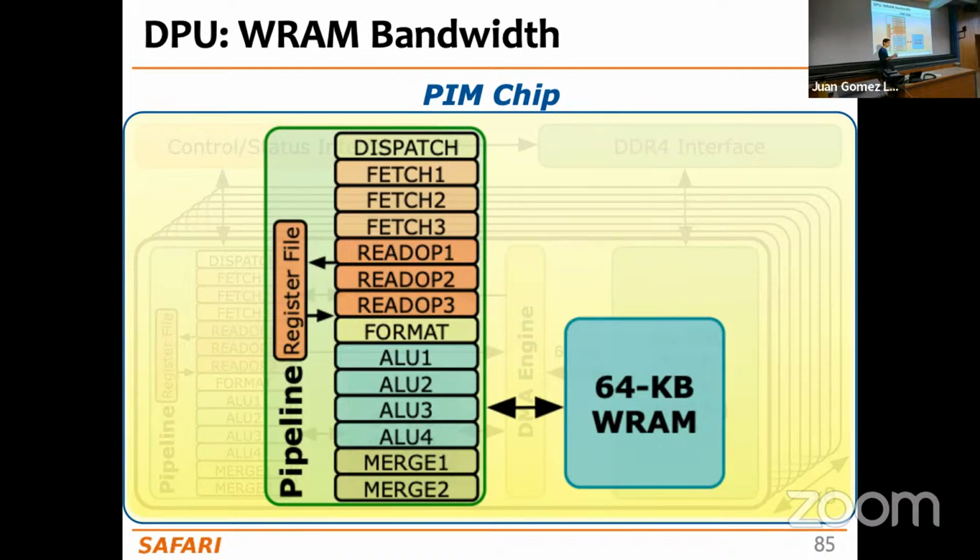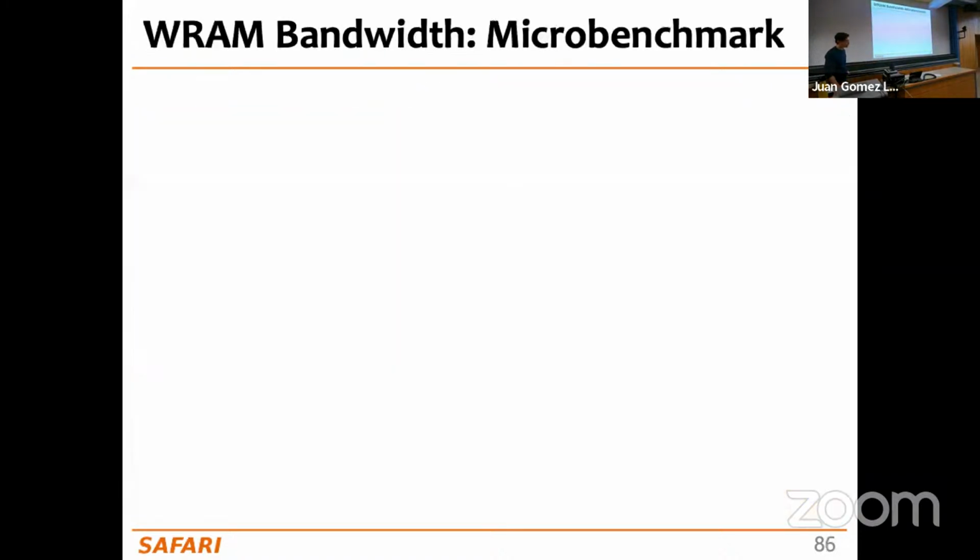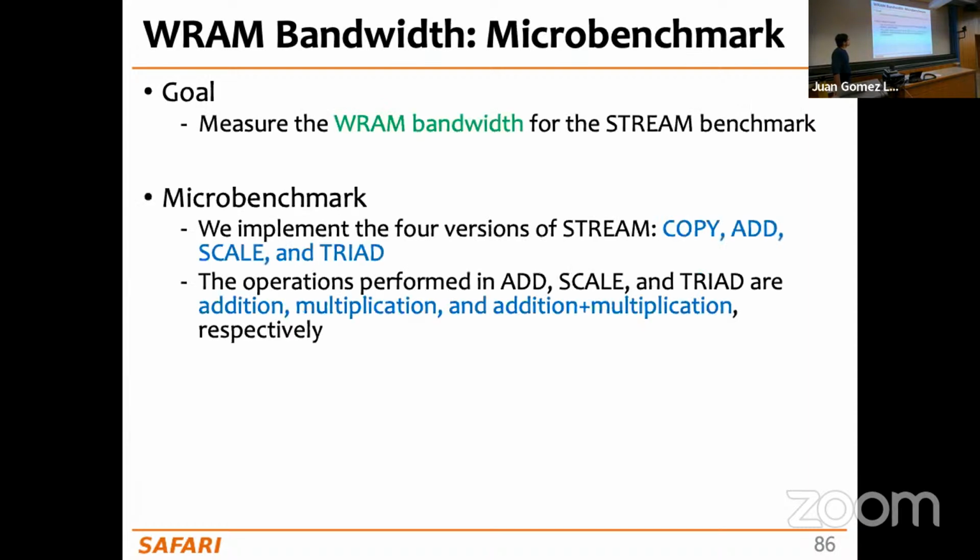I'm talking about instructions, not operations, right? So one single add retires every cycle. Also, one single load word or store word retires every cycle. Because the accesses to the WRAM are done from the pipeline, they basically have the same throughput as the arithmetic instructions that the pipeline runs.